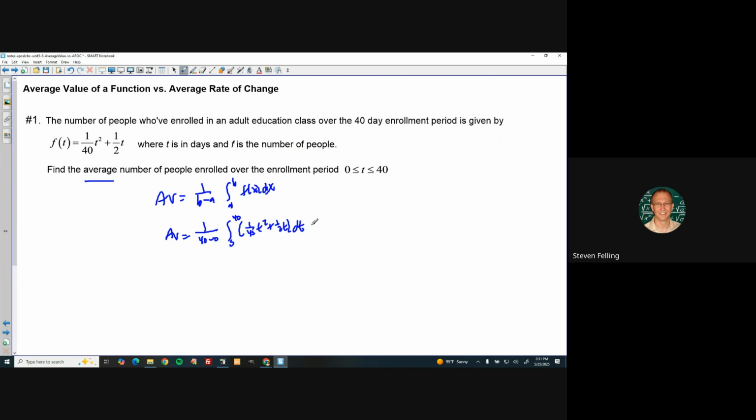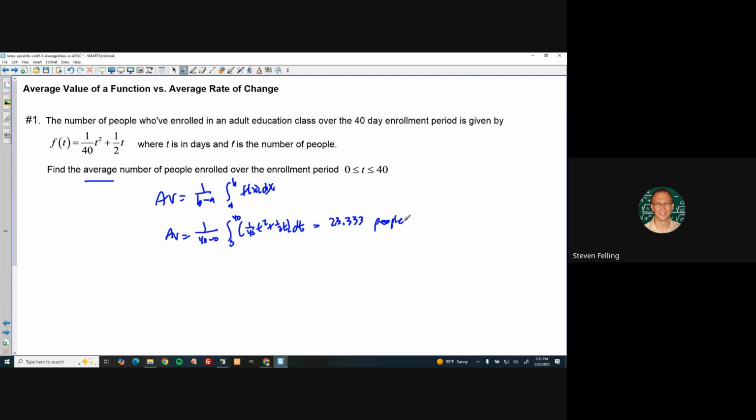If you plug that into Math 9, that turns out to be 23.333. And the units here, since this is an average y, would be the y units, which is people.